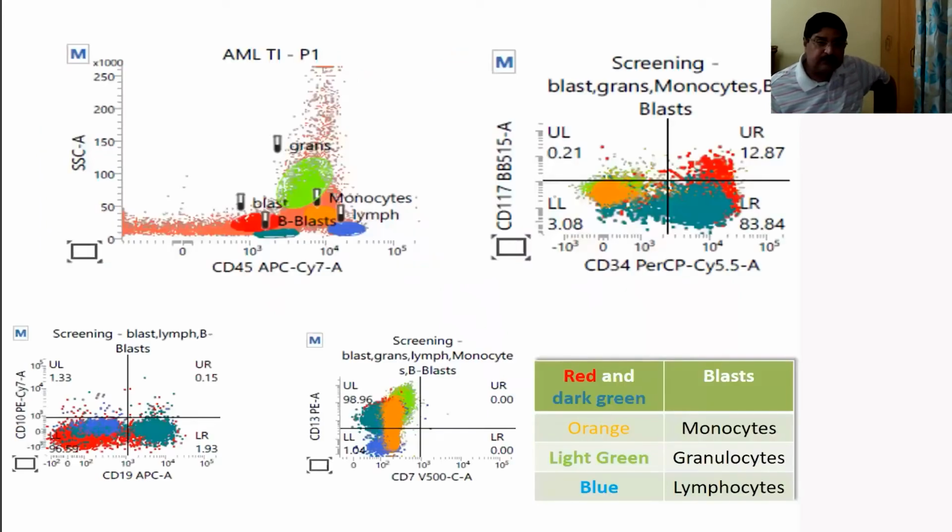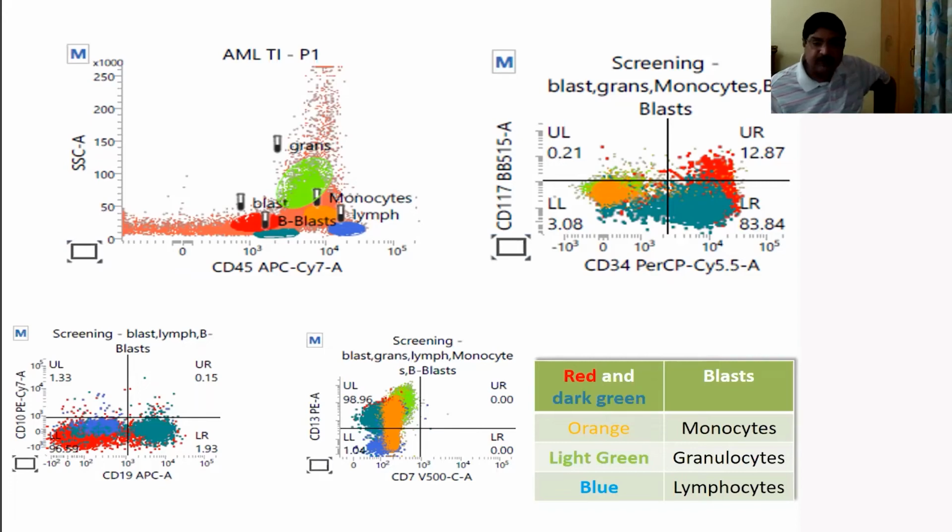Next. I'm just showing you the flow cytometry because that's important. So here you can find that there is a group of cells, the small deep green color cells, which are positive for CD34, the lower right quadrant, and they are positive for CD19, and they are variably positive for CD13.